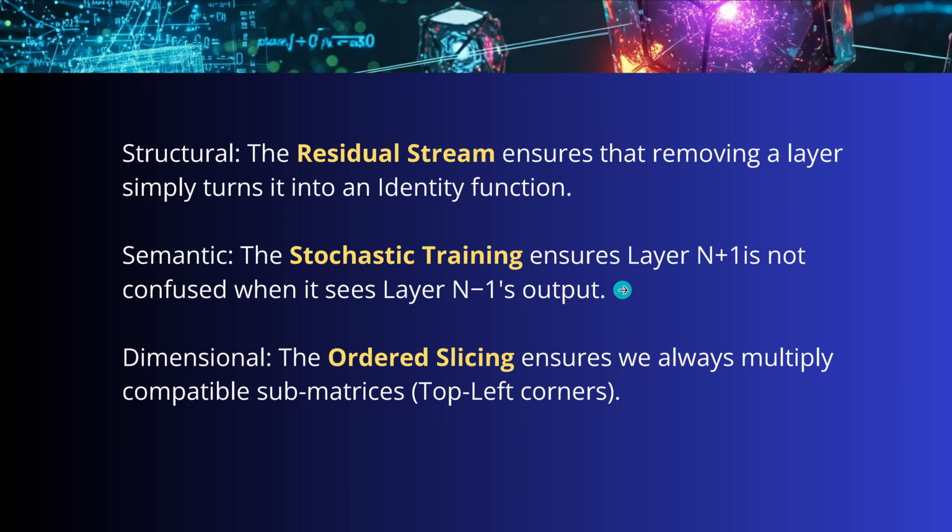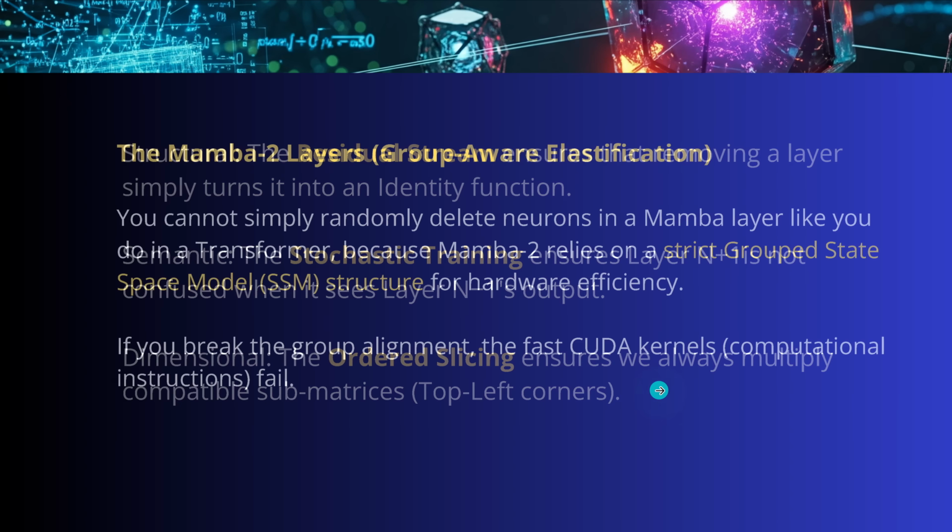So we can have these skipping connections. And for the reduced dimensionality, the ordered slicing ensures we always multiply compatible submatrices. The top left corner, this will become really interesting if we go then to our typical low rank adaptation, but more about this in the following videos.